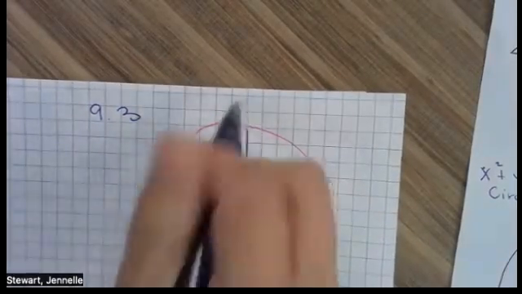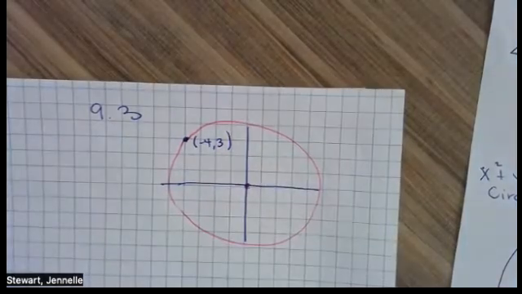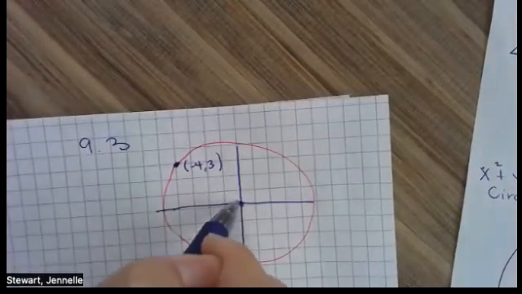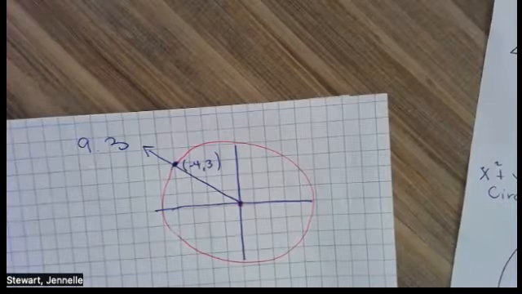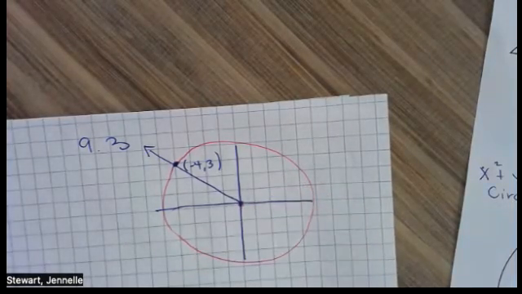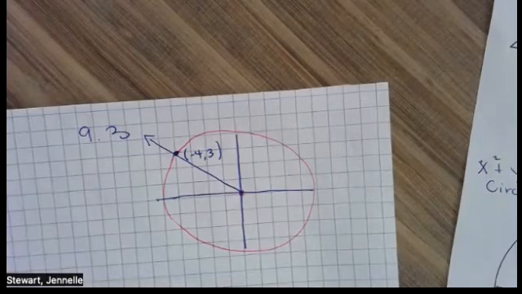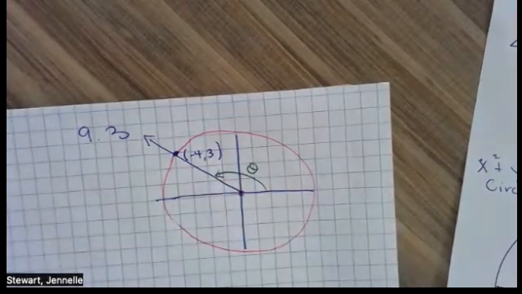That's the point that we're evaluating here, which is -4, 3. My line looks like this. Okay, and this is theta. Here to here is theta.